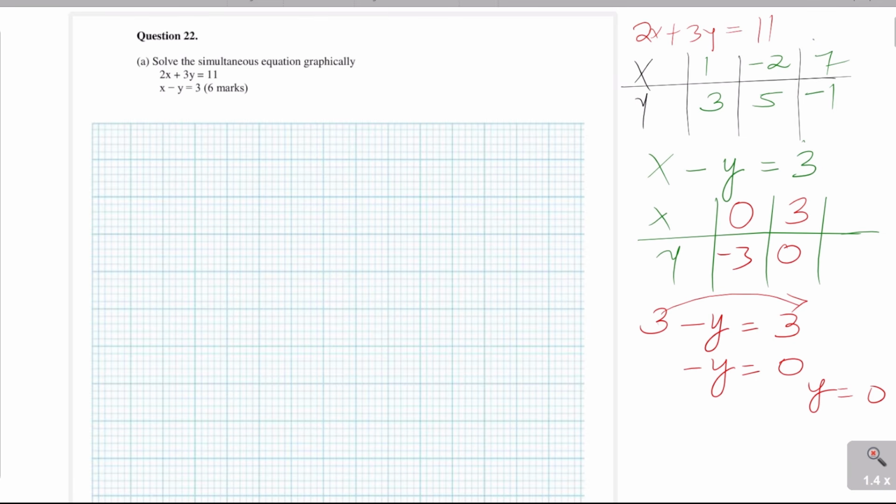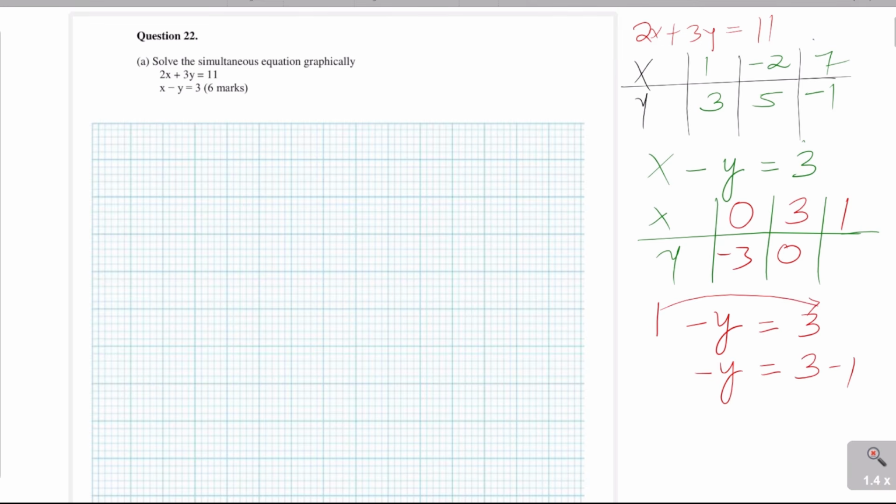When x is 1, so 1 subtract y equals 3. So take this one to the other side. Negative y equals 3 subtract 1.